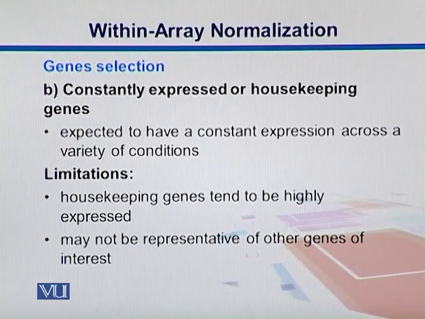So there must be some technique in order to avoid them, or in order to remove them, since they are taking the bulk of your resources. They are highly expressed and most of your energies are going in detecting them, whereas they are of little use, since your interest in most of these experiments is what genes are differentially expressed.